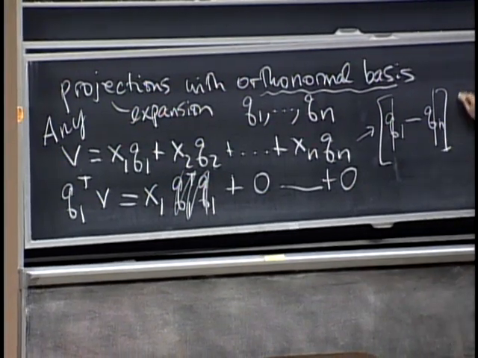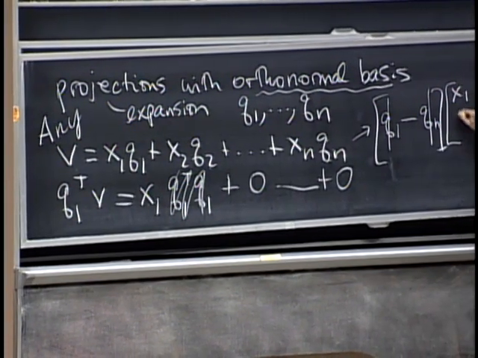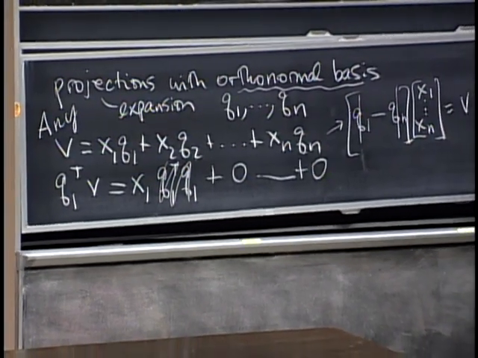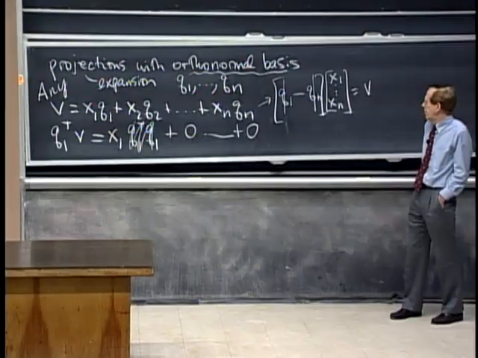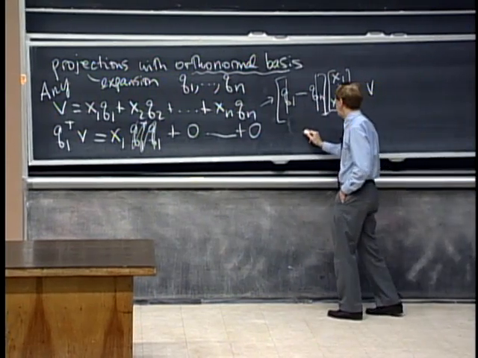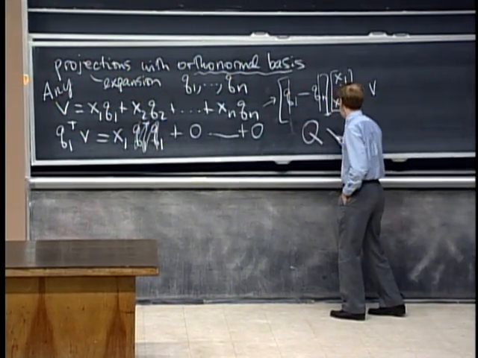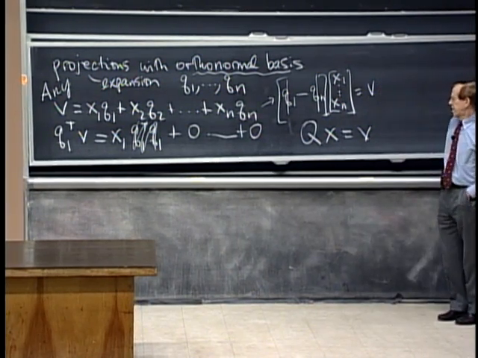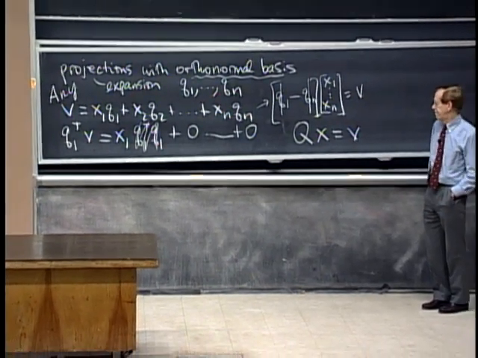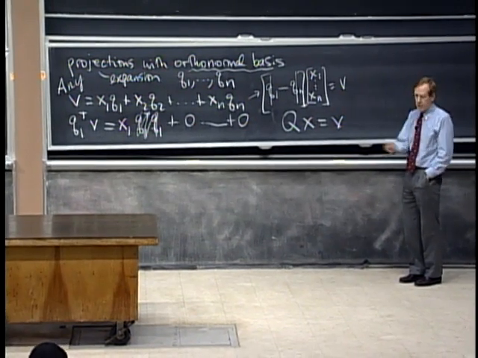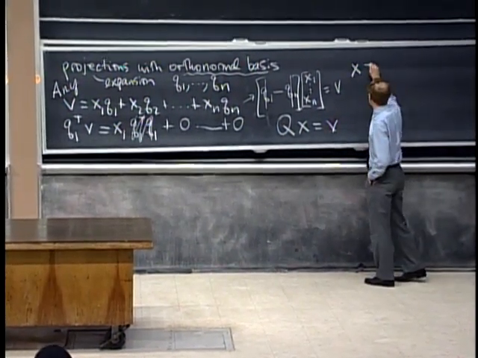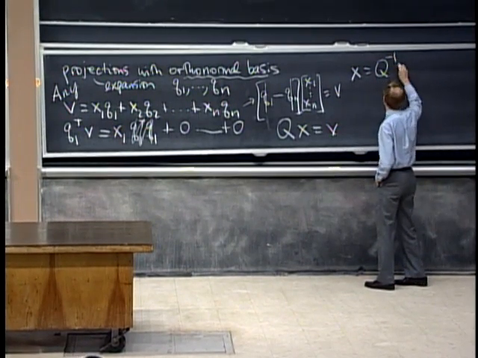I'm taking those columns times the x's and getting v, right? That's the matrix form. Okay, that's the matrix Q. Qx is v. What's the solution to that equation? Of course, it's x equals Q inverse v. So x is Q inverse v, but what's the point?